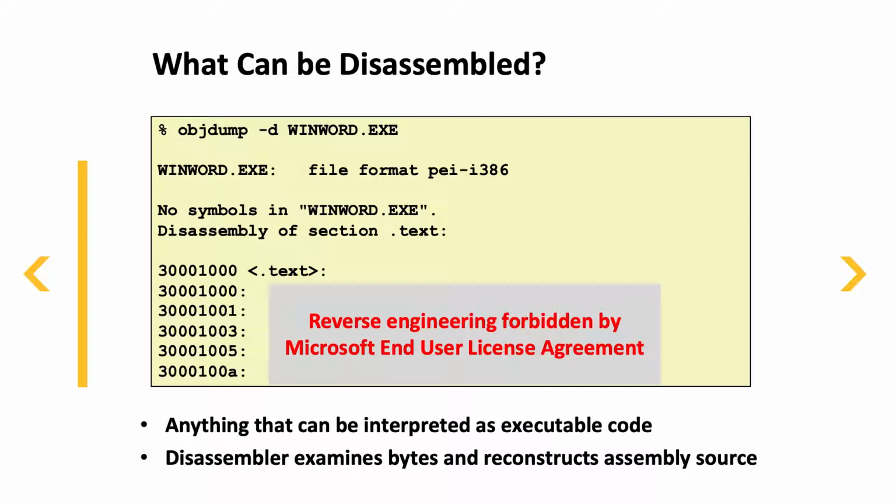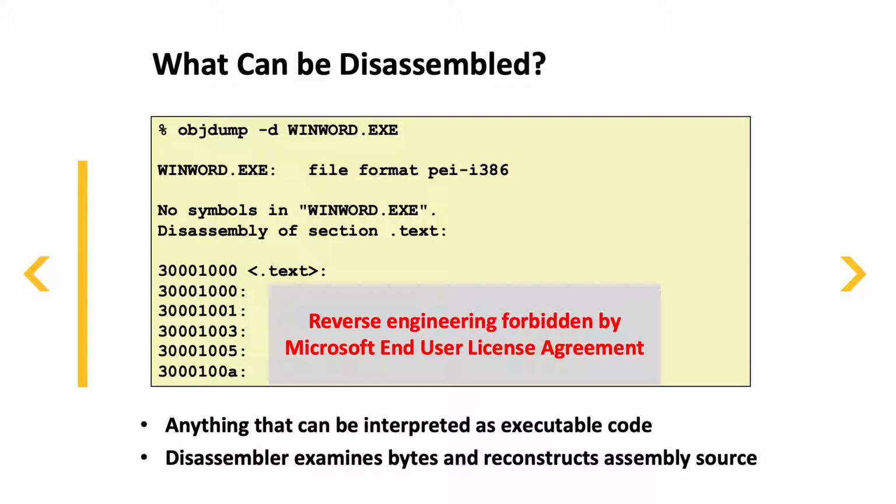But we want to keep in mind that there are legalities involved, right? For example, if we try to do this with WinWord, technically you could do this with the tools available, but reverse engineering, and that's what this is, taking the executable and disassembling it to get reconstructed code, is forbidden by the Microsoft End User License Agreement.